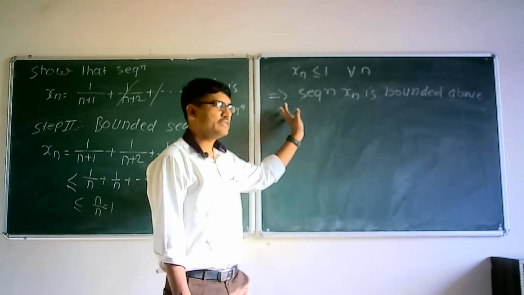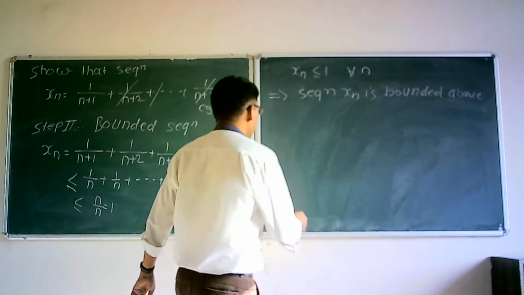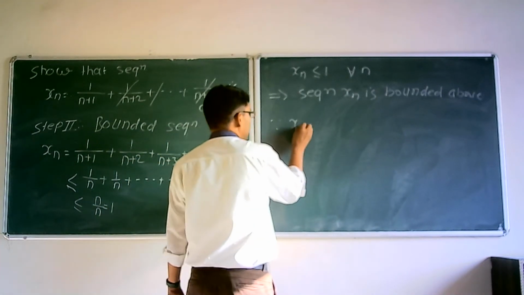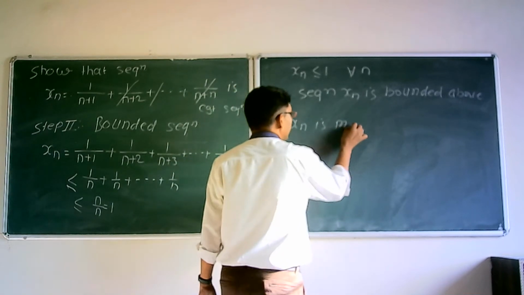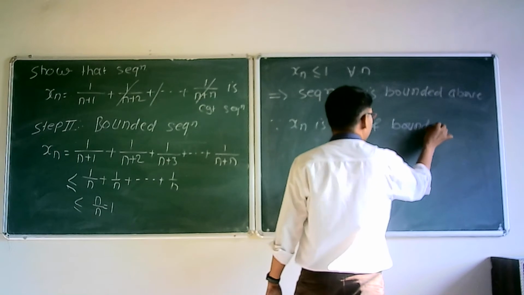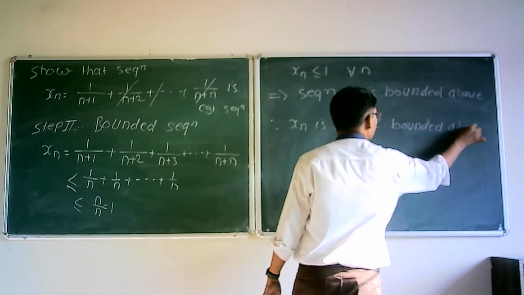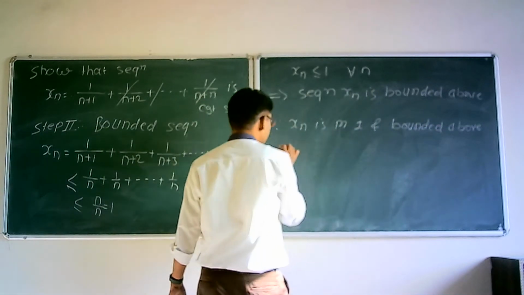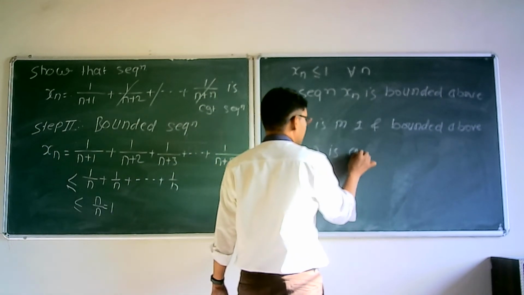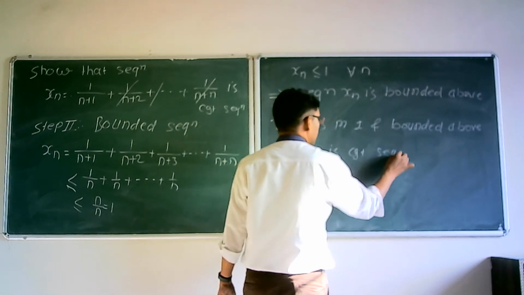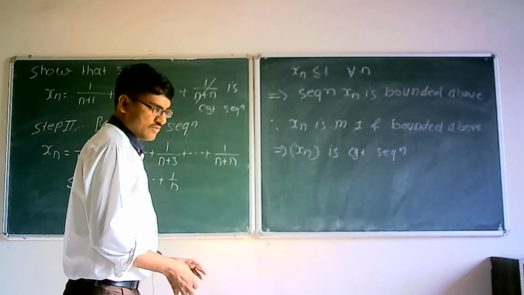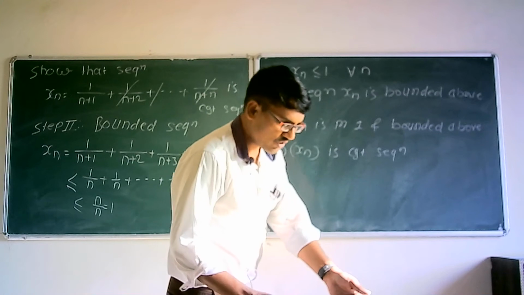From step number 1 and step number 2, since xn is a monotonically increasing sequence and it is bounded above, xn is a convergent sequence. This is what we wanted to show. Now next, let us take one more example.